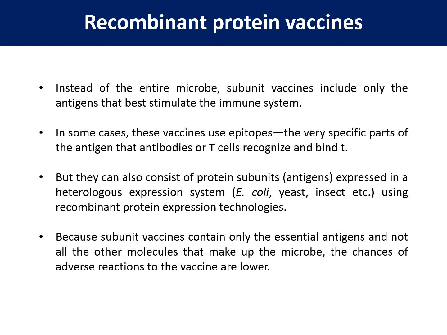And this recombinant protein can be expressed in heterologous expression systems like E. coli, yeast, or insect using the recombinant protein expression technology. So like I mentioned earlier, because subunit vaccines contain only the minimal component of the antigen and not all the other molecules that make up the whole pathogen, the chances of adverse reactions, particularly the autoimmune response to the vaccine, are lower.